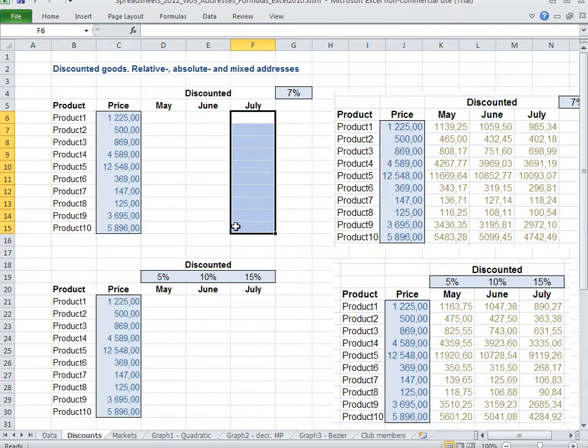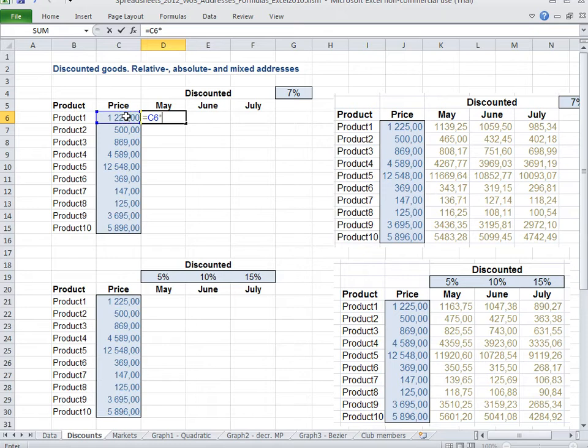So let's at first try to write one formula. So we want to take one formula and copy it all over the table. So once again we will be dealing with tables here, and for that we write the initial formula like as equals, we take the first price C6 times, and now we would like to discount the price by 7%.